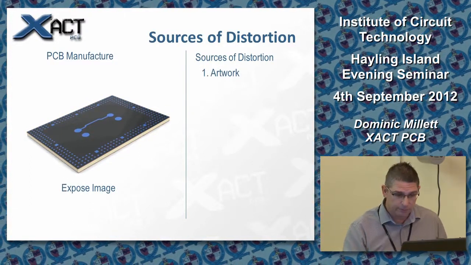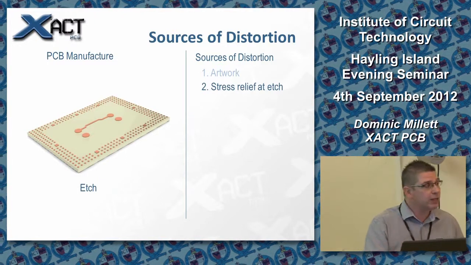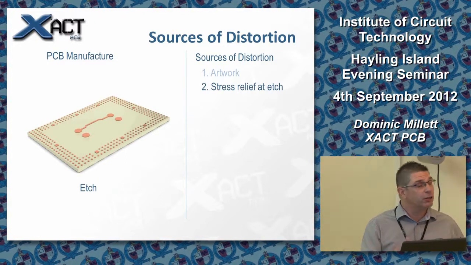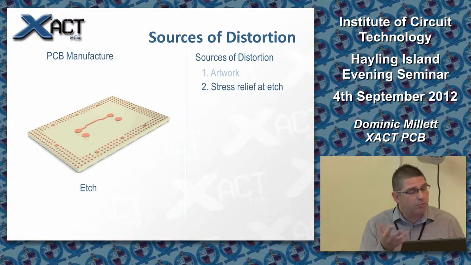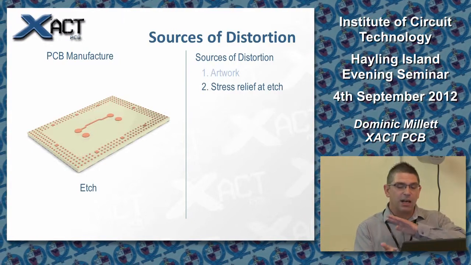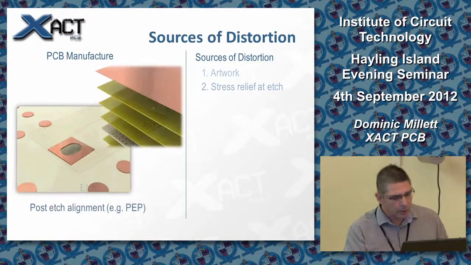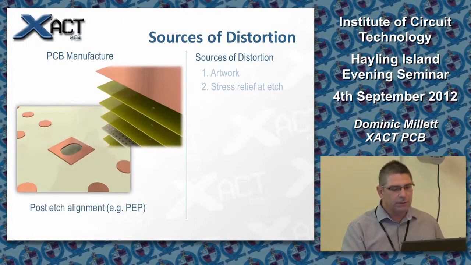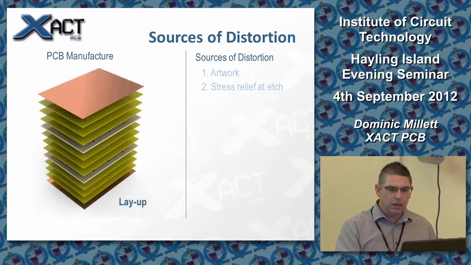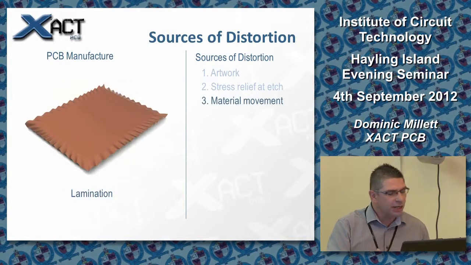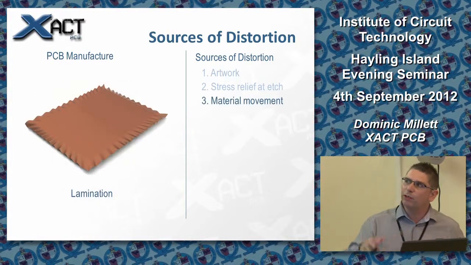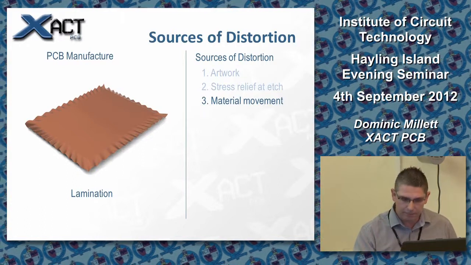You then have the next process. Stresses are relieved during the etch process as copper is removed from that laminate, which had the trapped tension I mentioned earlier. You then have post-etch punch alignment, then the layup process, and then the bond process or the lamination process. So you have material movement during that process as well.